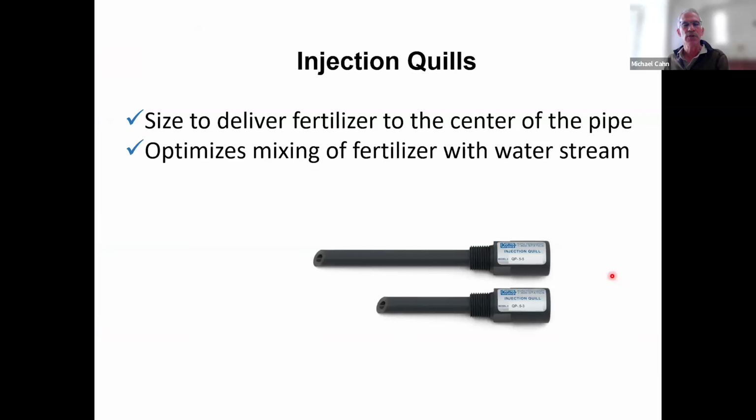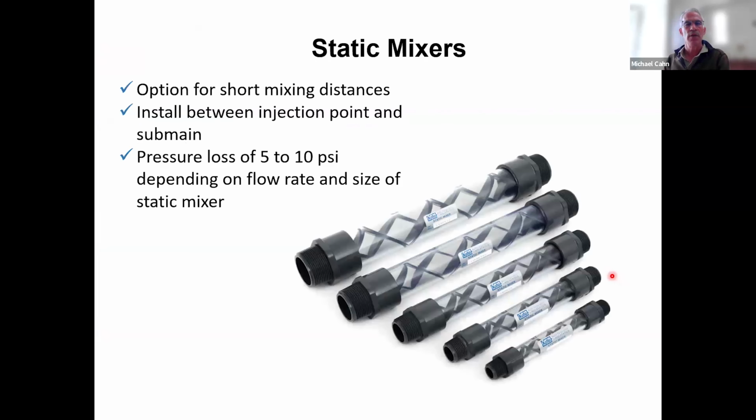You can also use these injection quills that you can put into the pipe, and they deliver the fertilizer right in the middle of the flow in the center of the pipe, which helps mix that fertilizer very quickly with the water stream. There's static mixers, another way to get that fertilizer quickly mixed with the water.